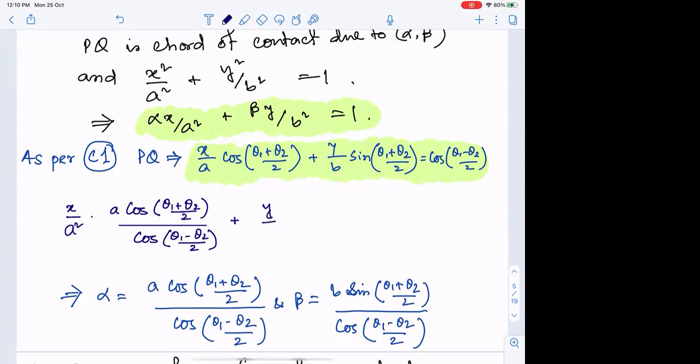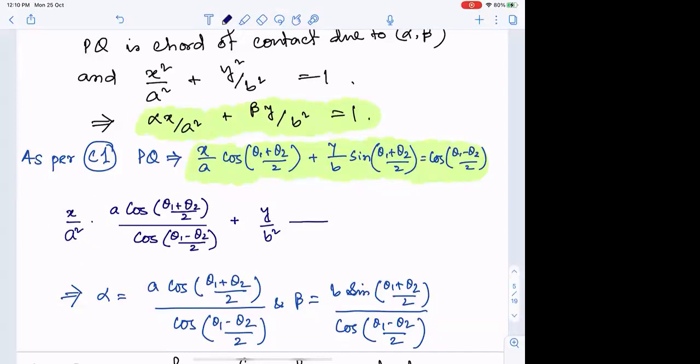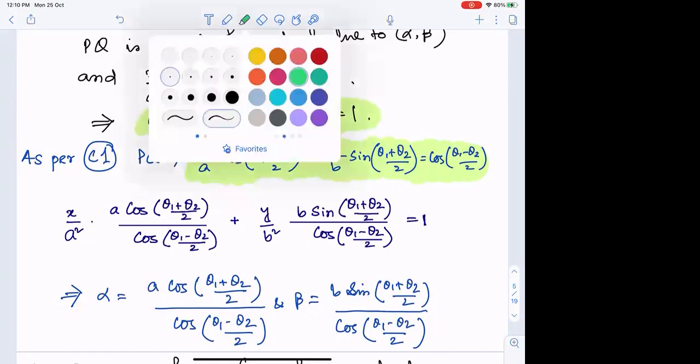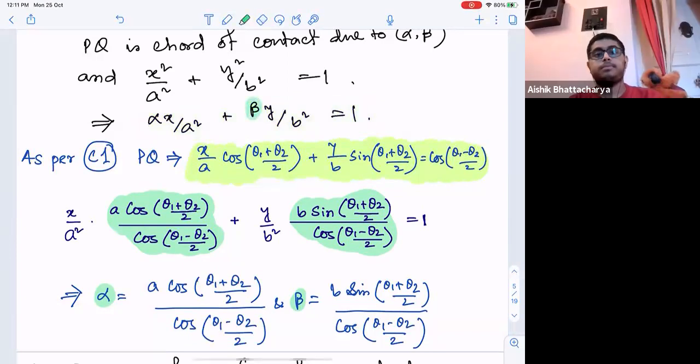Plus, instead of y by b, I am writing y by b square, that's been multiplied with b sine of (theta 1 plus theta 2) by 2, divided by the right hand side cos of (theta 1 minus theta 2) by 2, is equal to 1, and hence this portion has been identified as alpha and this portion has been identified as beta, right? The comparison has been done in this form itself.